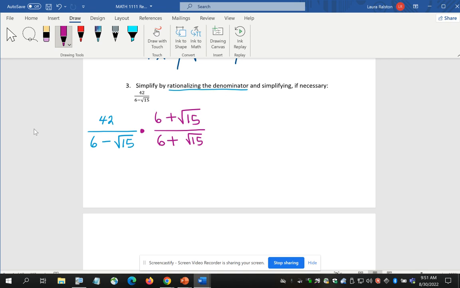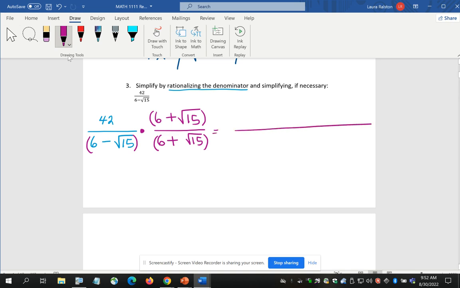The original was negative or minus, so this one is plus. And then we have to multiply the numerator times 42 times 6 plus square root 15. Then we're also going to multiply the denominators together.